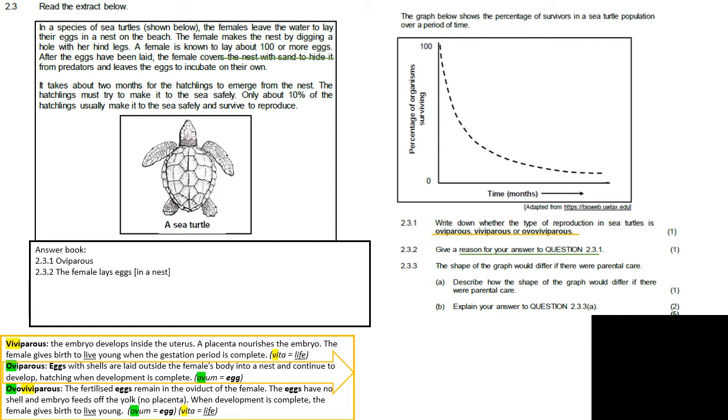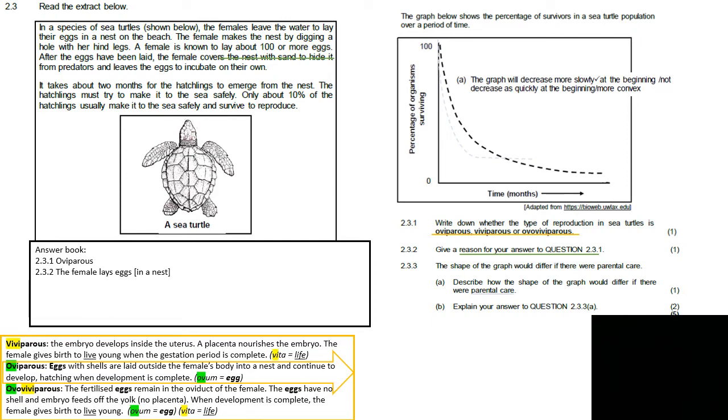2.3.3, the shape of the graph would differ. How would it differ if there was parental care? So you can jot on the graph what you think would happen, because basically more of them would survive for longer.